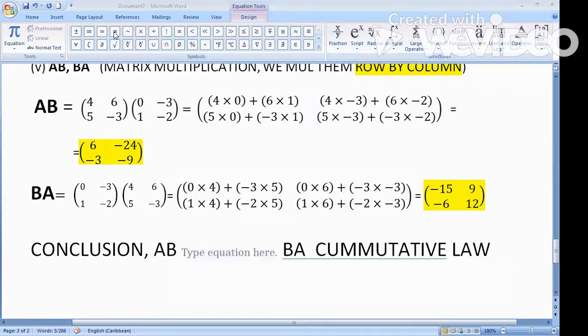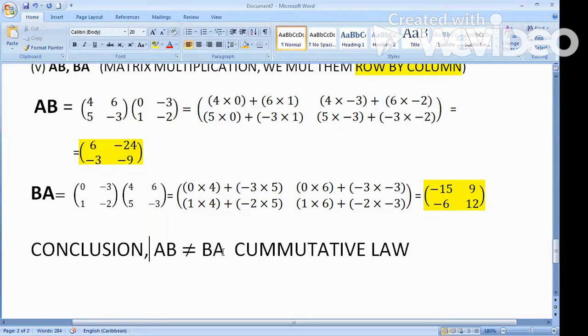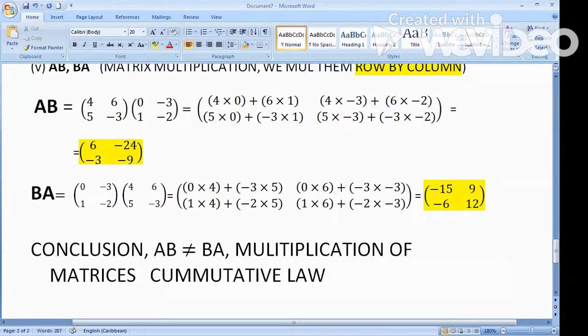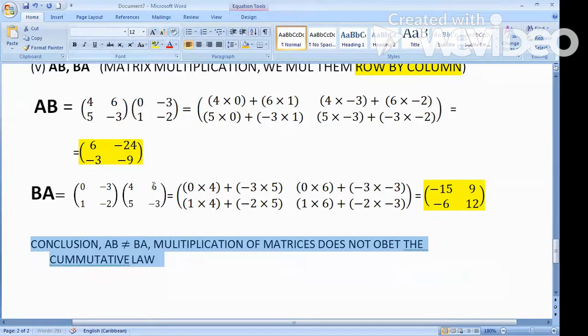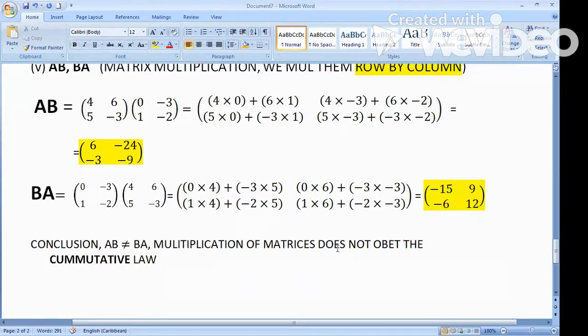The conclusion is A times B is not equal to B times A. So therefore, multiplication of matrices does not obey the commutative law. All right, that's the conclusion.